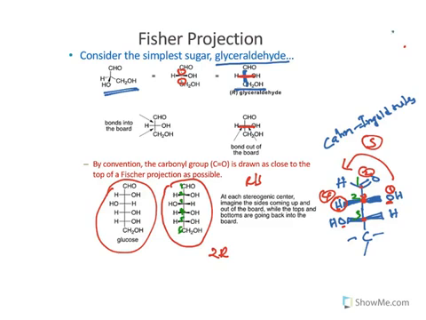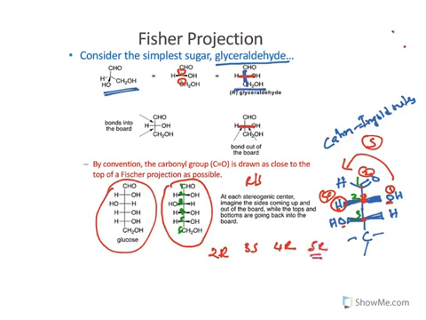The one at position 3, if we try to do the same, will be 3S. The one at position 4, if we try to do the same, will be 4R, and the one at position 5 will be 5R.